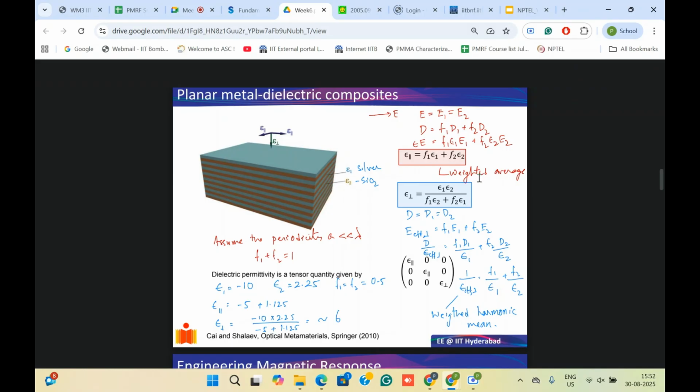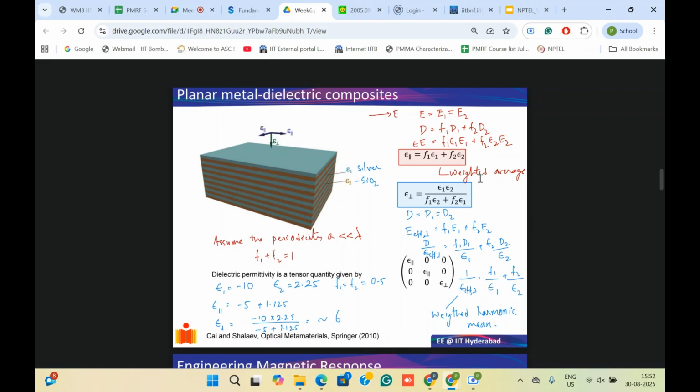So epsilon parallel equals f1 epsilon 1 plus f2 epsilon 2. We can say that the permittivity in the parallel component is just the weighted average. And the perpendicular component will be epsilon 1 epsilon 2 divided by f1 epsilon 2 plus f2 epsilon 1. How is that defined?